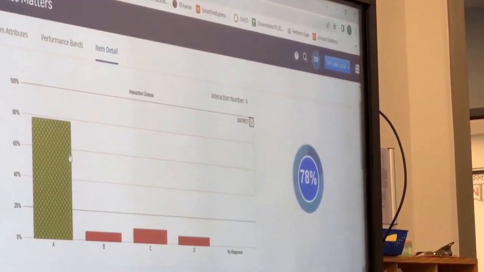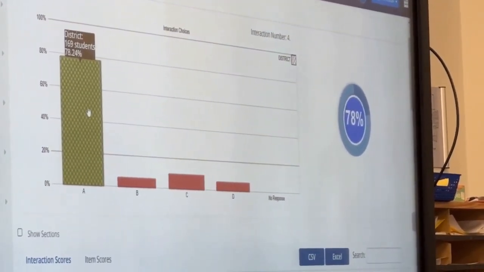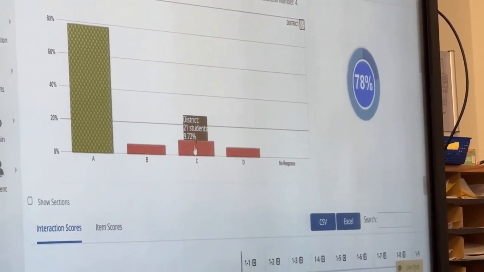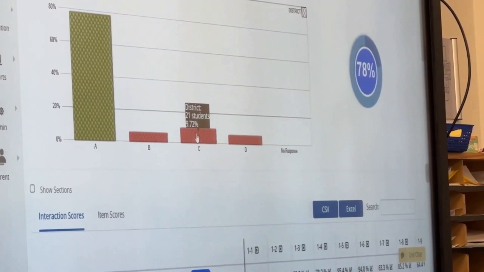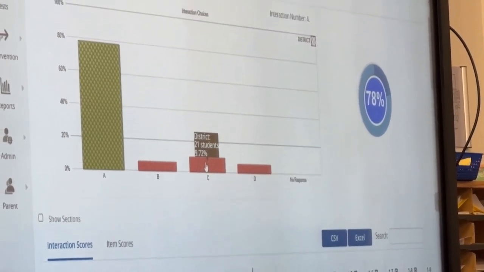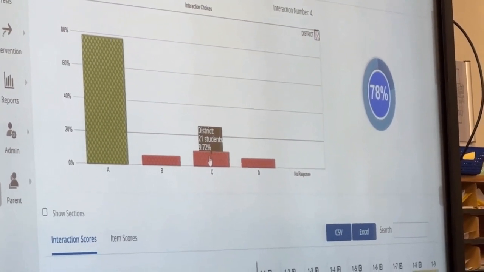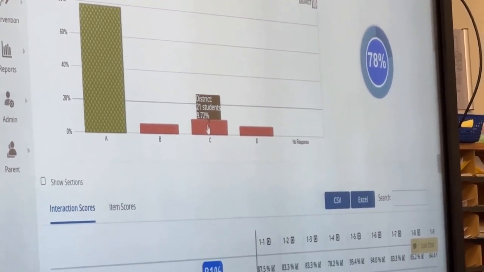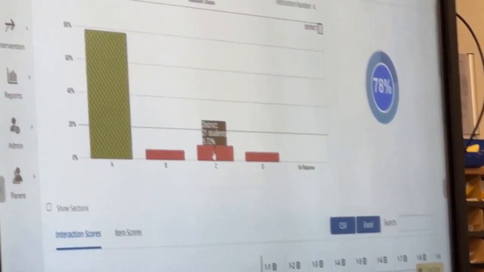So this is for everyone. 169 students selected A, which was correct, but answer choice C, which was greater than, 21 students selected C. So I like this part because, especially if they score lower than that, like if it's 50-some or 60-some, you can really go back and see what the distractor is.